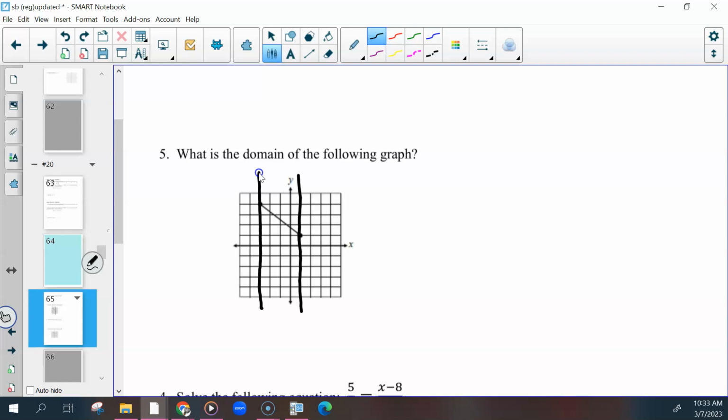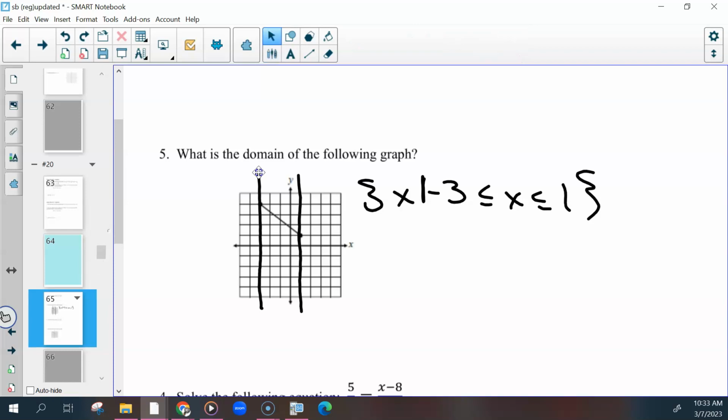So because it's continuous, it needs to be written a certain way. Starting at the furthest point to the left, -3, and ending at the furthest point to the right. Questions on any of those?